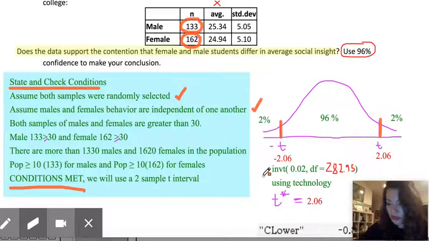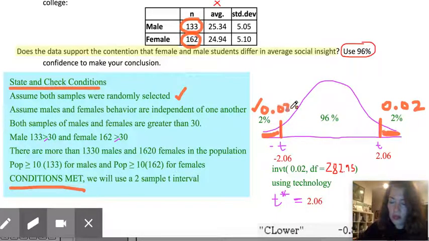So the area here on the left and on the right happens to be 2%, which is, by the way, 0.02. You cannot enter 2% in your calculator, but you can enter 0.02.